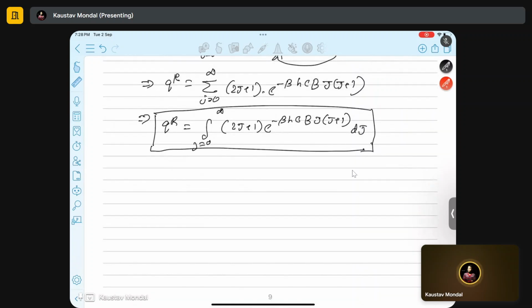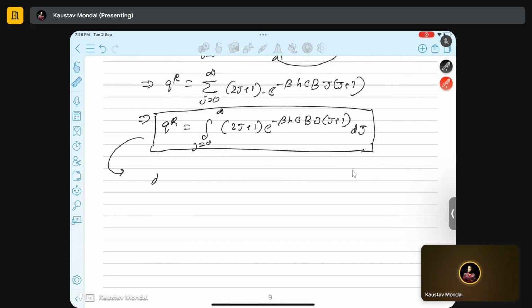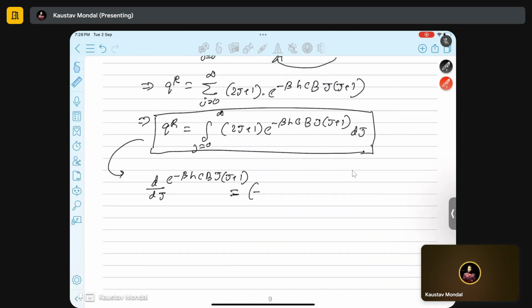Now from here we will use some concepts of mathematics. To simplify this expression, first we will use this result, the derivative of e to the power minus beta hcB J into J plus 1 with respect to J, and we will use this result later. The result is minus beta hcB times 2J plus 1 into e to the power minus beta hcB J into J plus 1.